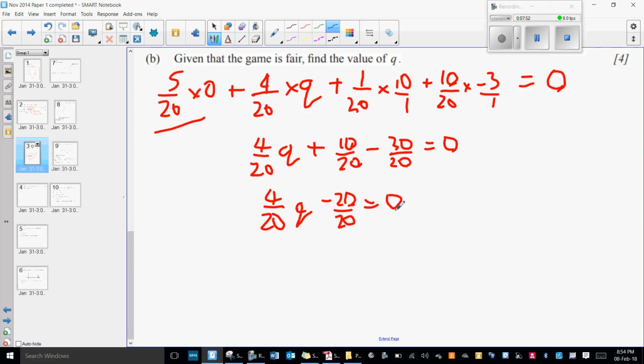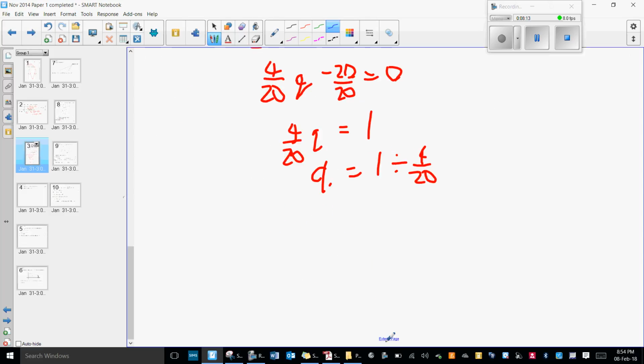So we've got 4 over 20 Q equals 1. So then Q is equal to 1 divided by 4 over 20. So that's Q equals 1 times 20 over 4, which is 5.